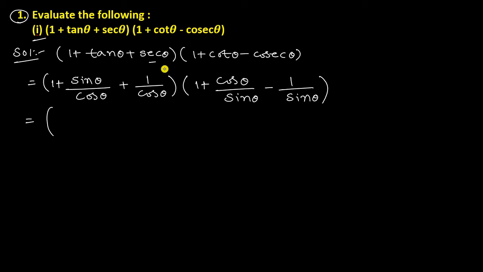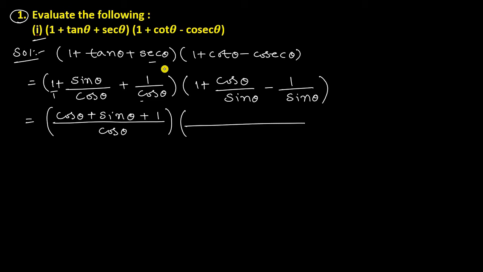Now you have 1 here as denominator and cos theta here and cos theta here. So take LCM of 3 denominators. LCM of 1, cos theta and cos theta is cos theta. And in the numerator, so we get cos theta plus sin theta plus 1 into, so here also we have denominator 1, sin theta and sin theta.